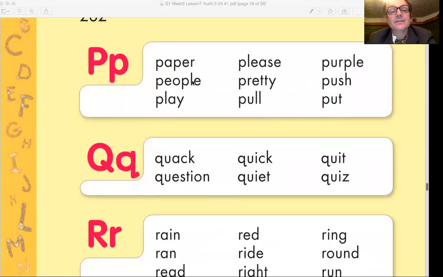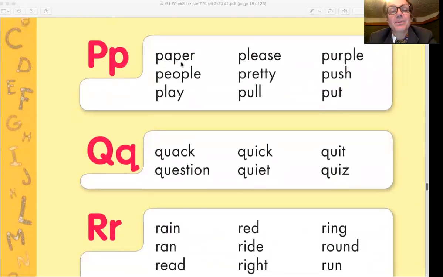Here's the P section. Paper, people, play, please, pretty, pull, purple, push, put. Q: quack, question, quick, quiet, quit, quiz.